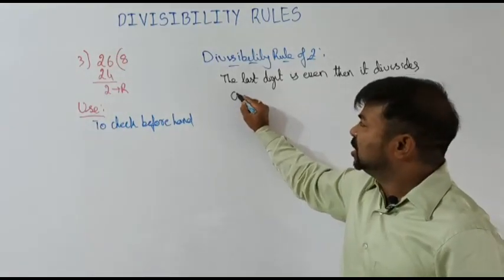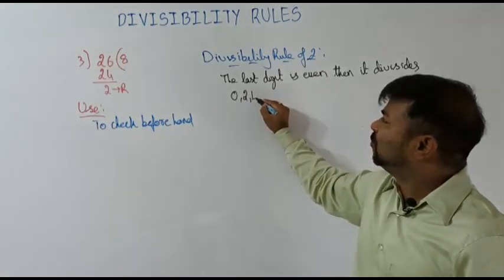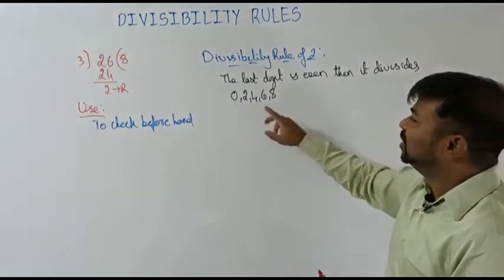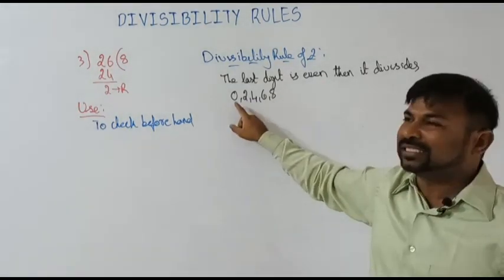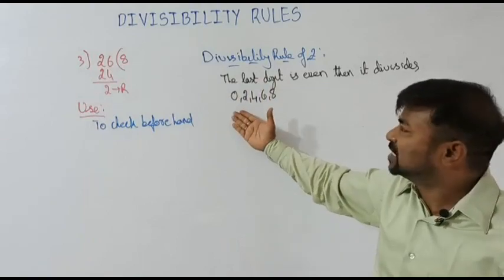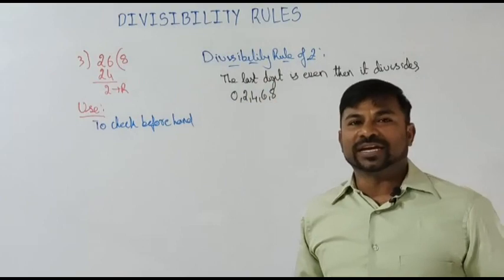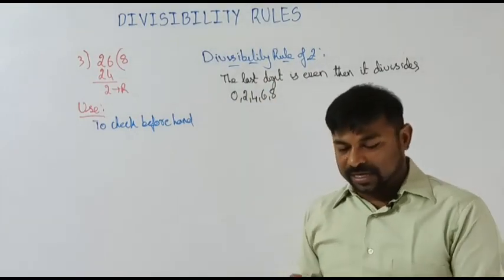That is, 0, 2, 4, 6 and 8. So if you take the last digit and find it is either 0, 2, 4, 6 or 8, then we can straight away say yes, the number is divisible.